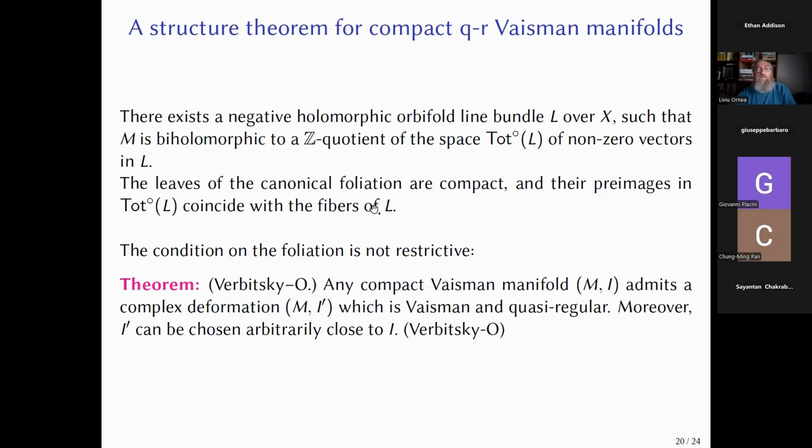You take the orbifold, it is a projective orbifold. So you have this line bundle, and you take the total space of this bundle. You get rid of the zero section, and that's it. And this is the relation between Weismann geometry and algebraic geometry in this way.